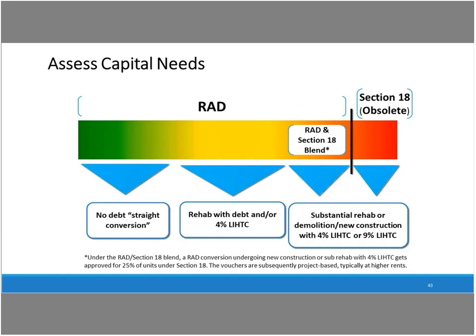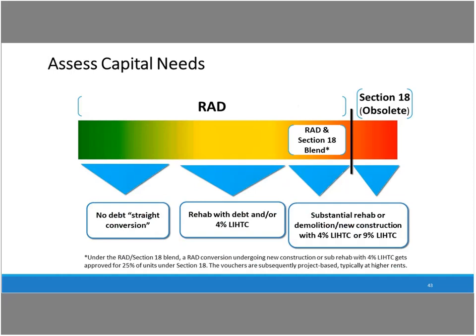This slide, I like this slide. This slide is a way to think about how the capital needs within your building can be addressed and what type of conversion tool is likely better suited for you to attract the capital needed.